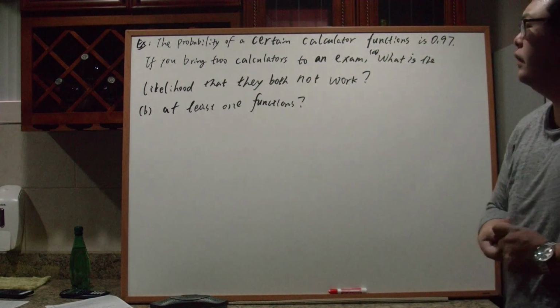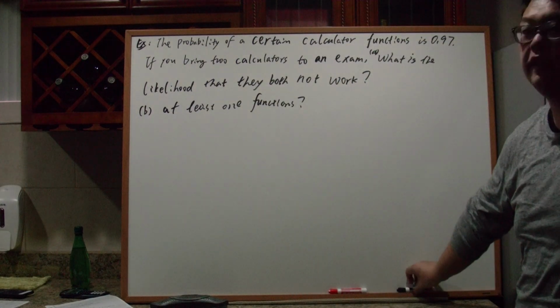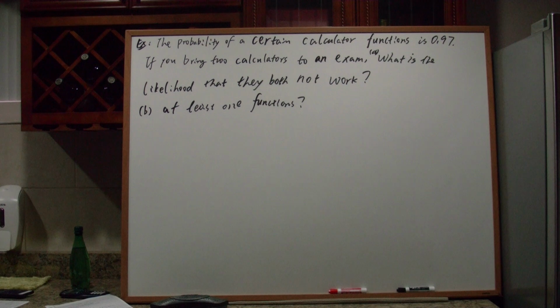So you want to minimize the likelihood of not having a calculator. You want to bring two calculators to an exam and ask, what is the probability that they both do not work?